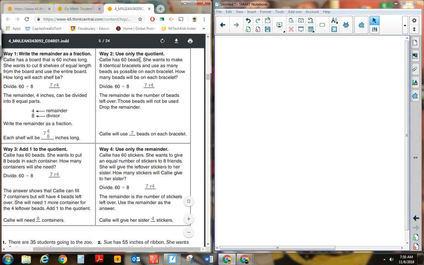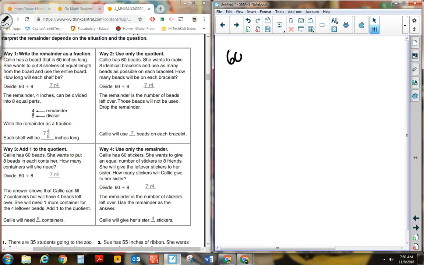So Callie has 60 beads. She wants to make 8 identical bracelets and use as many beads as possible on each bracelet. How many beads will be on each bracelet? So when we look at her problem, she's got 60 beads total, right? So that's going to be that dividend. It's going to be the biggest.